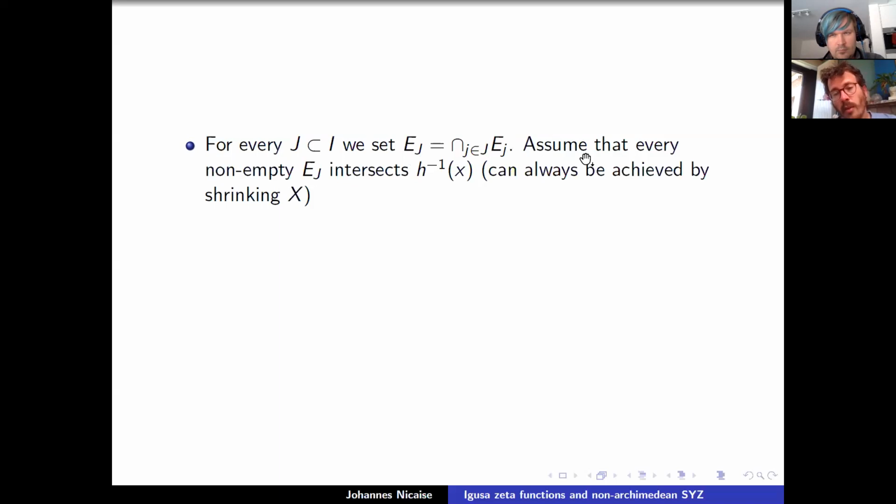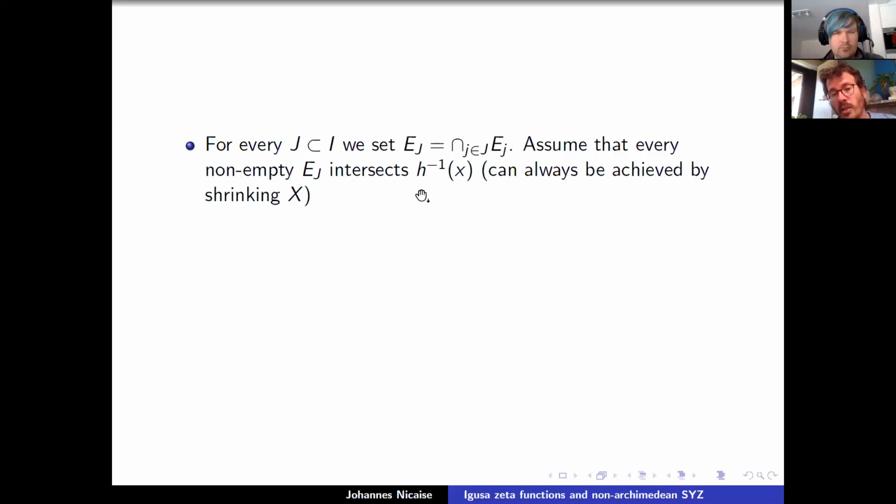And so I'm going to assume that as soon as E_J is non-empty, then it must intersect the fiber of the morphism h over x. This we can always do by shrinking the variety X around the point x, because h is proper and each of these E_J is closed.